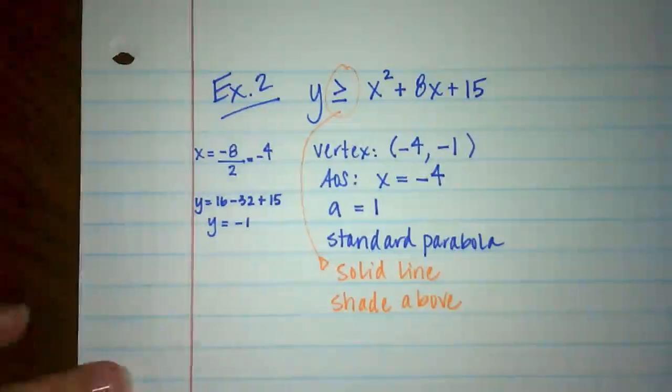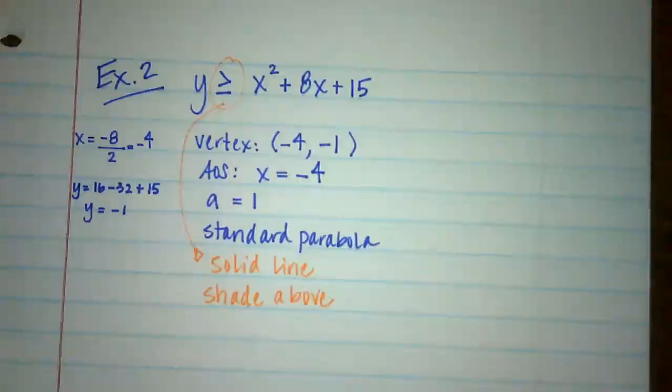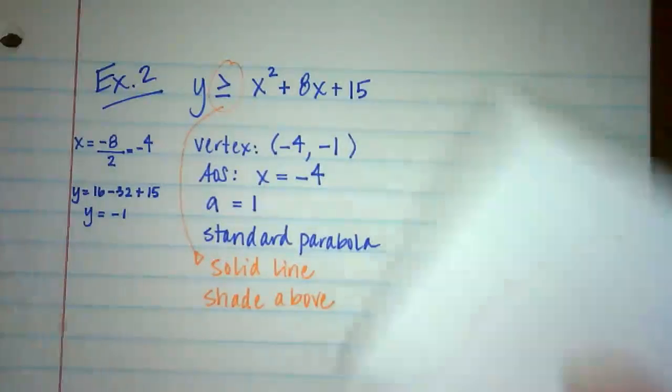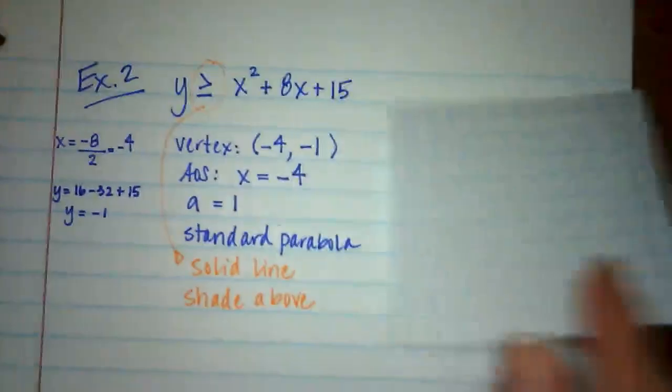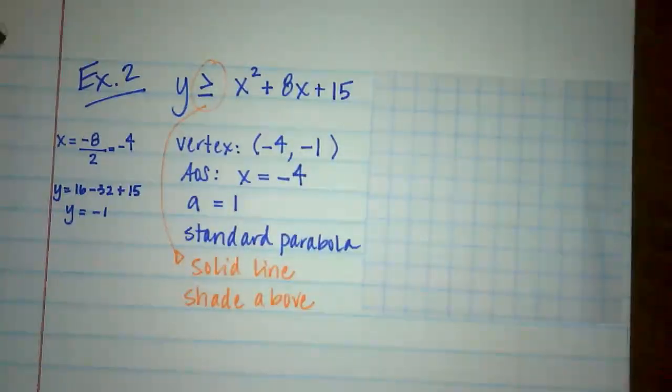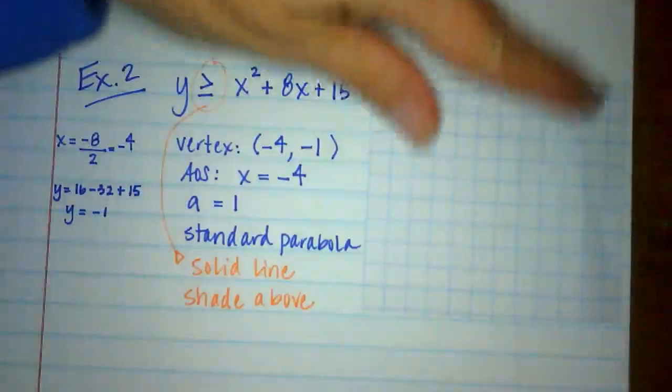All right, so now if we get a graph, let's see here, what one looks good? I'll just do this one, I guess. Here, I'll turn it this way. So -4, -1, and this is the standard parabola.